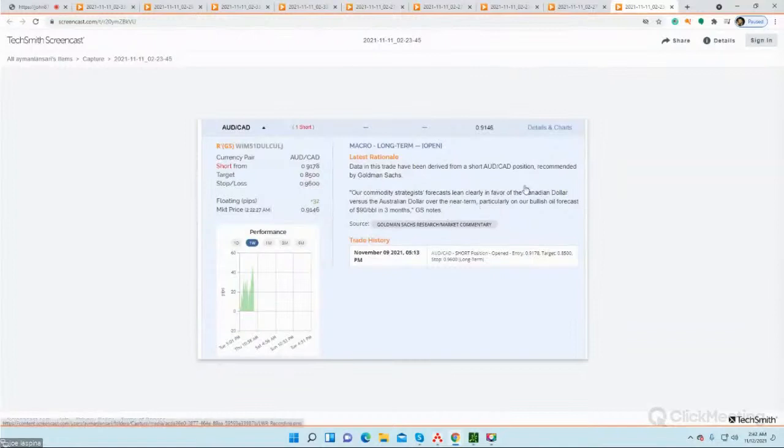So when I post it on the chat, please read, he's long or short, what is his target, where is his stop, is he's making money or he's losing money, and why he took this trade.